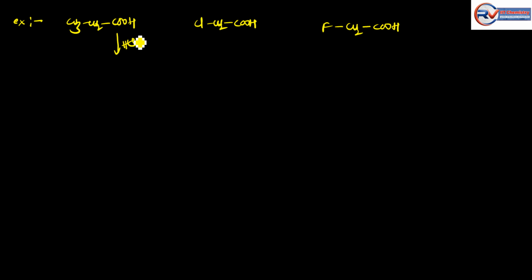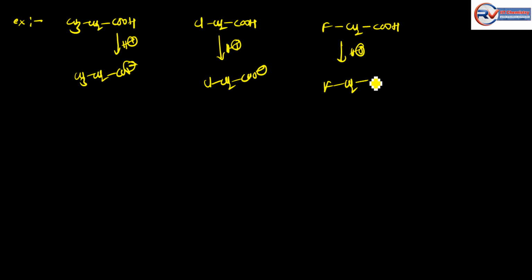If it loses a proton, it becomes CH3CH2COO minus. If chloroethanoic acid loses the proton, it forms ClCH2COO minus. If fluoroethanoic acid loses the proton, it becomes FCH2COO minus. In this, the CH3CH2 has a plus inductive effect, so the anion is less stable.